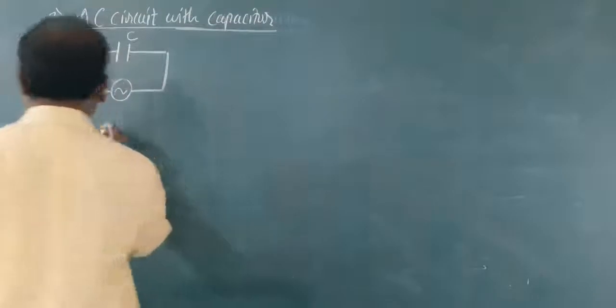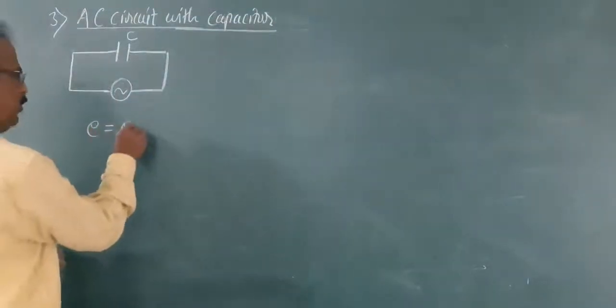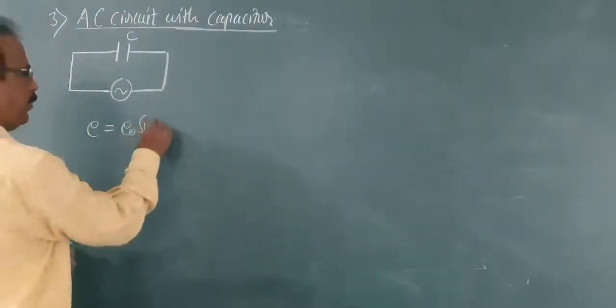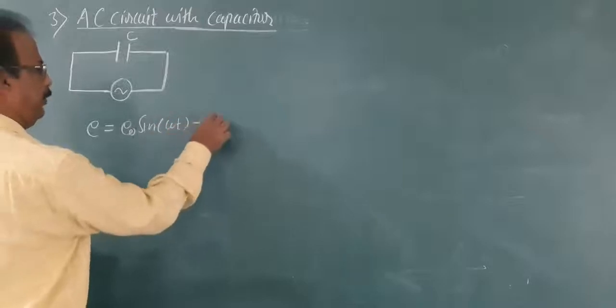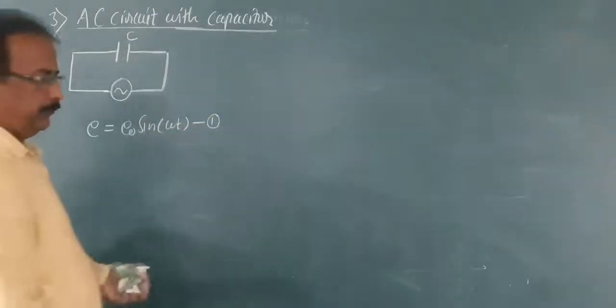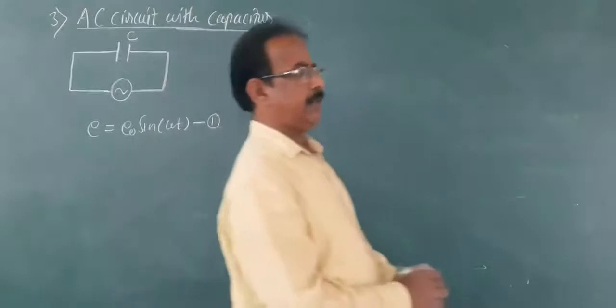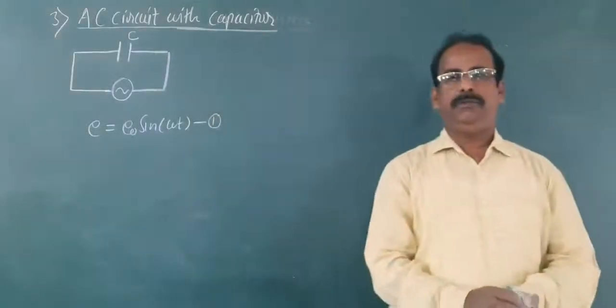The instantaneous value of EMF that we get from the source is equal to E0 sin omega t, equation 1.